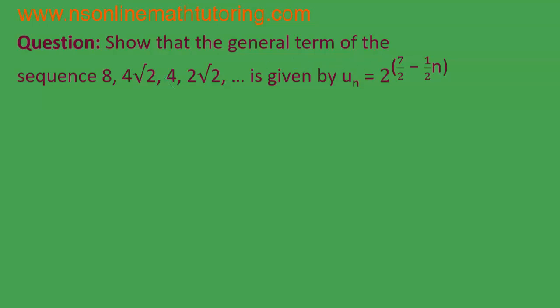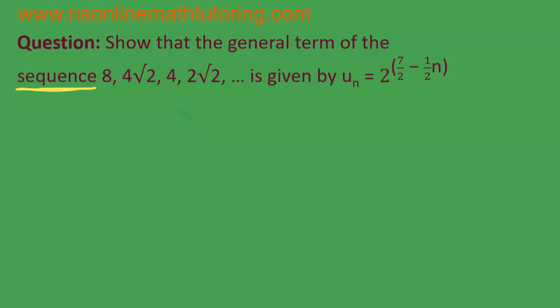Show that the general term of the sequence 8, now in this case they have not mentioned this sequence to be a geometric sequence. Therefore, we have to prove the sequence to be a geometric sequence. In this case, we are solving questions on the topic geometric sequence or geometric progression. Therefore, I am saying we have to prove this sequence to be a geometric sequence.